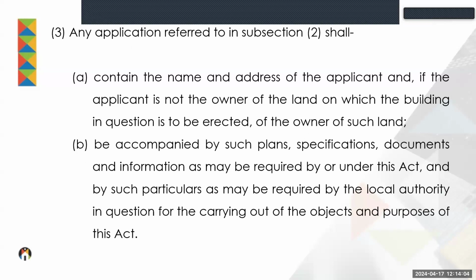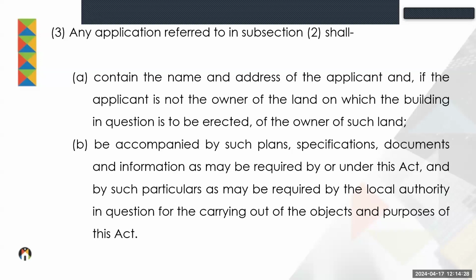This application must contain the name and the address of the applicant, in other words, the owner in many cases. And if the applicant is not the owner of the land on which the building in question is to be erected, the owner of the land.